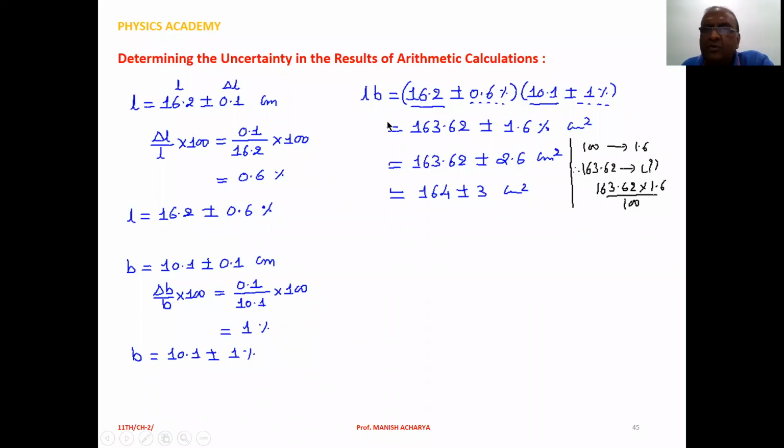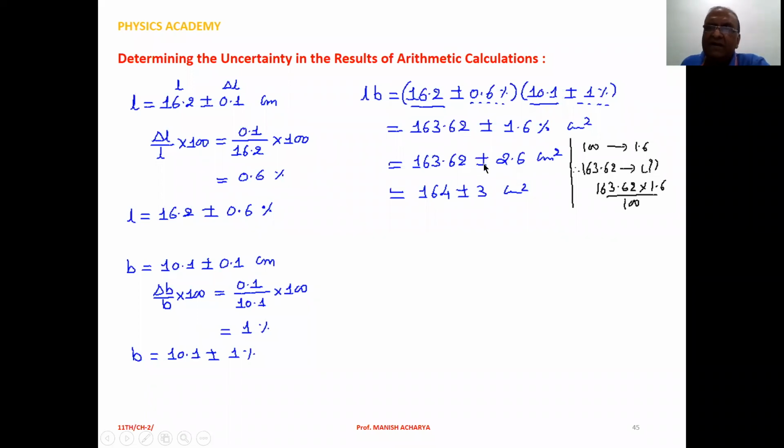Now length into breadth. So length, that is 16.2 plus or minus 0.6 percent, into 10.1 plus or minus 1 percent. In the product of two physical quantities, the true value is multiplied with the true value. So 16.2 multiplied with 10.1 is 163.62.